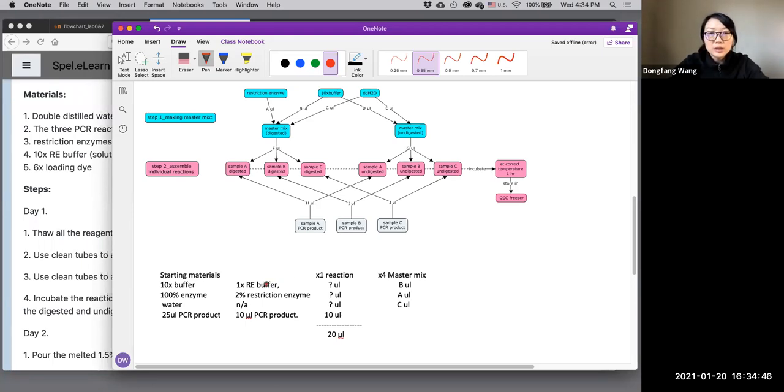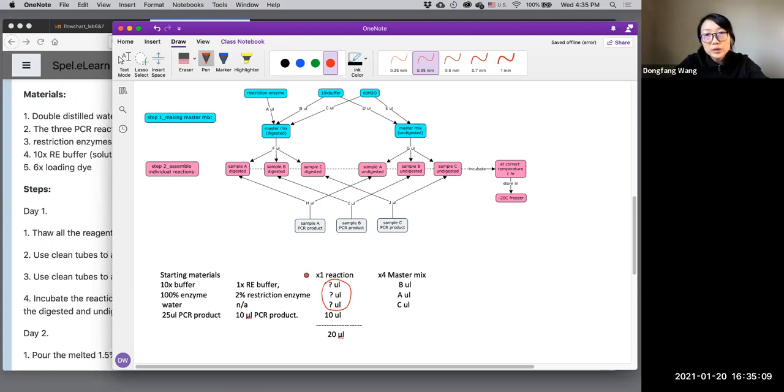In this case, they are the enzyme, the buffer, and the water. I'm going to circle them. Those three are present in all the digestion reactions. The PCR product, since we have 3 individual PCR products, is considered a unique ingredient.